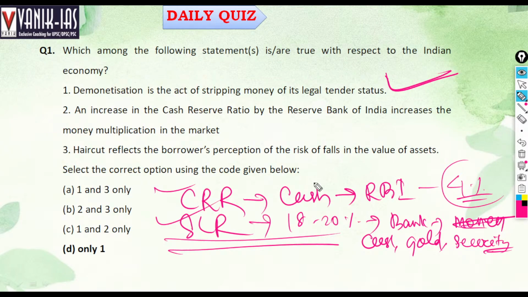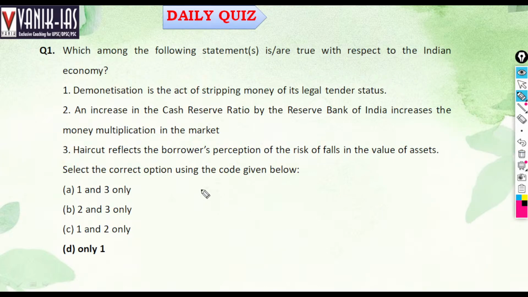So if CRR is increased, if this 4% becomes 5%, then what will happen? The money available in the market will decrease. If CRR increases, the money available in the market will decrease, and then money multiplication will decrease.